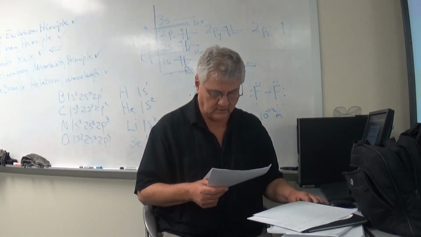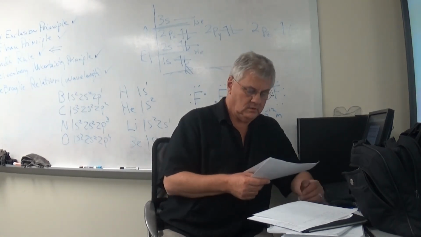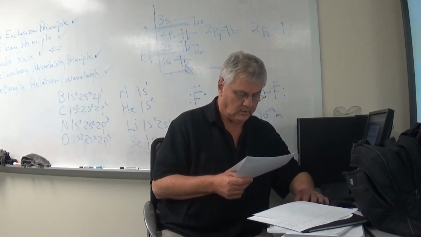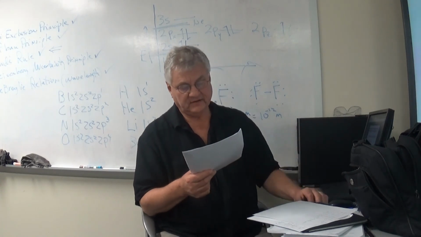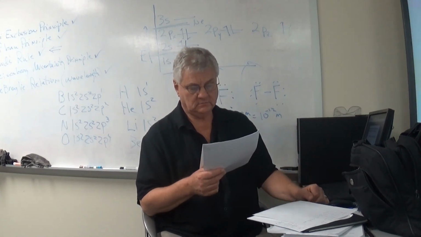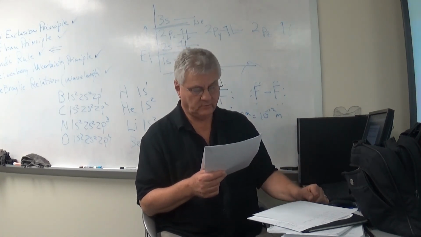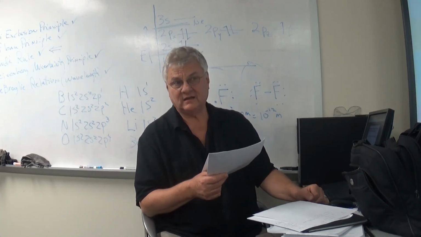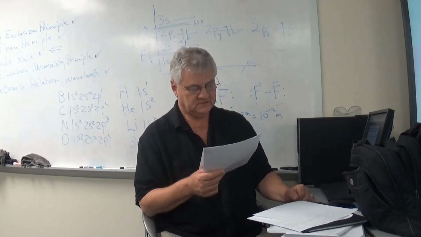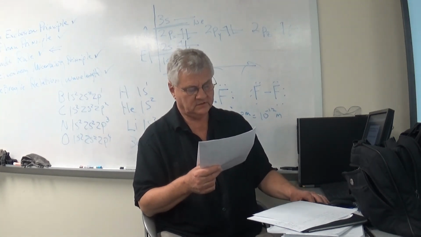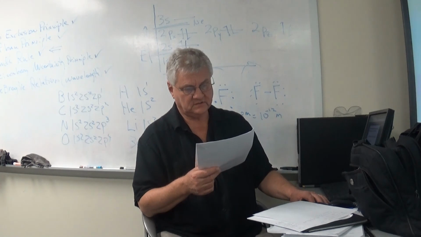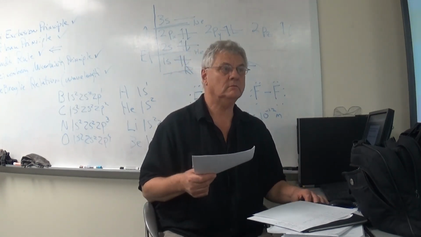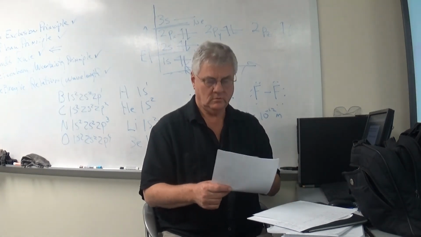Also, for the de Broglie wavelength, if you know the mass and velocity of a particle, the mass has to be in kilograms, and the velocity must be in meters per second. This is to be consistent with the units involved in Planck's constant, which is also on the sheet. Okay? Any question about that?